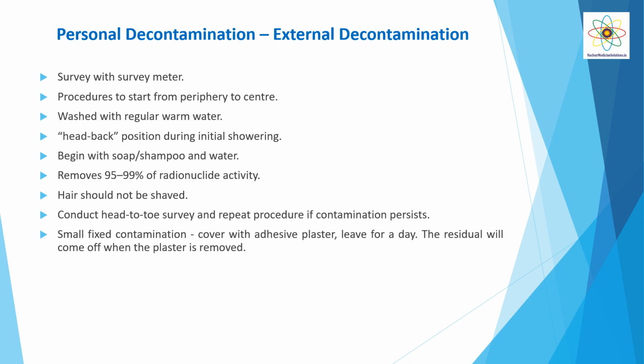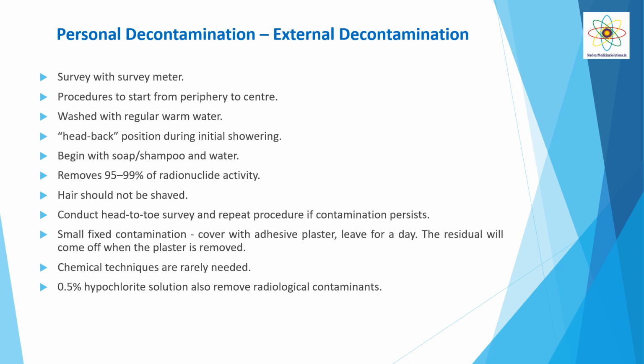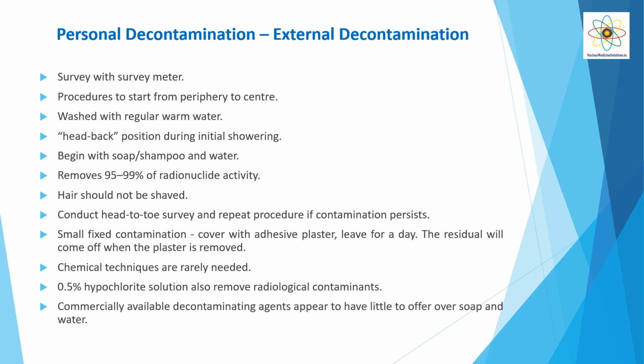In case of a small area of fixed contamination, it could be covered with adhesive plaster and left for a day. The residual contamination will come off when the plaster is removed. Chemical techniques are rarely needed. 0.5% hypochlorite solution can be used as a chemical technique, and it will remove radiological contamination.